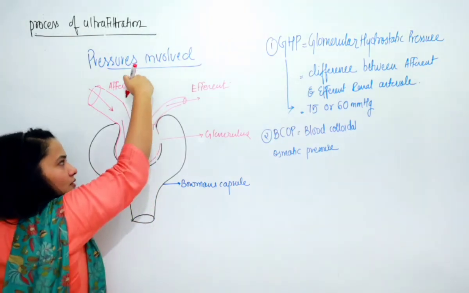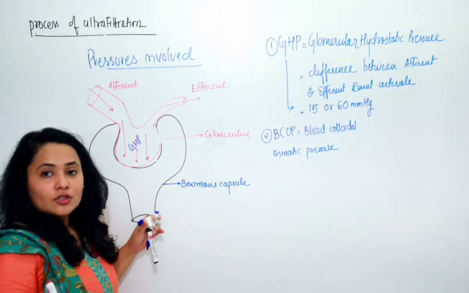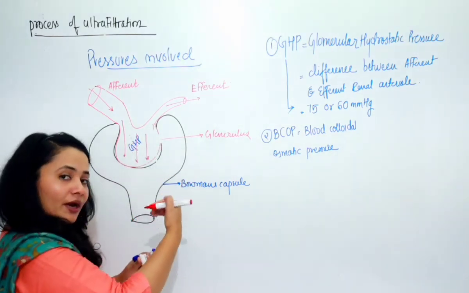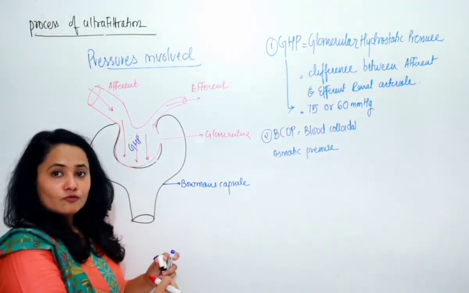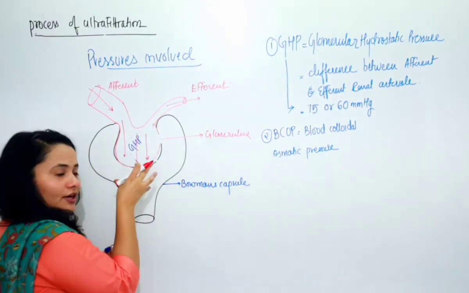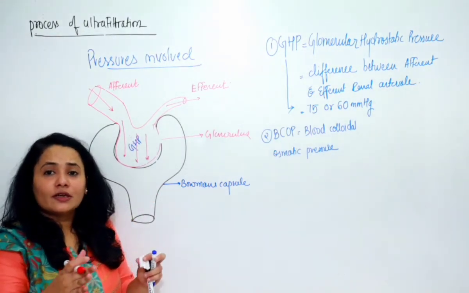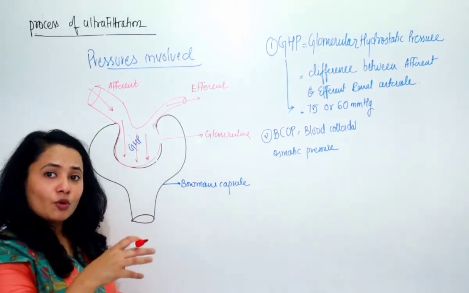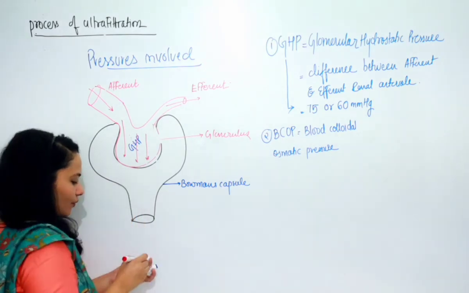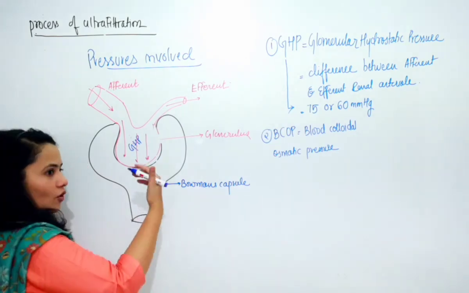So GHP will be in this direction, but the BCOP, that is the blood colloidal osmotic pressure, will be exerted in the opposite direction, because the colloids of the blood will try not to filter, since they would have to come here and then go back. So they will resist blood filtration, meaning they will oppose it. So the blood colloidal osmotic pressure will be in the opposite direction to GHP, because the colloids resist filtration.